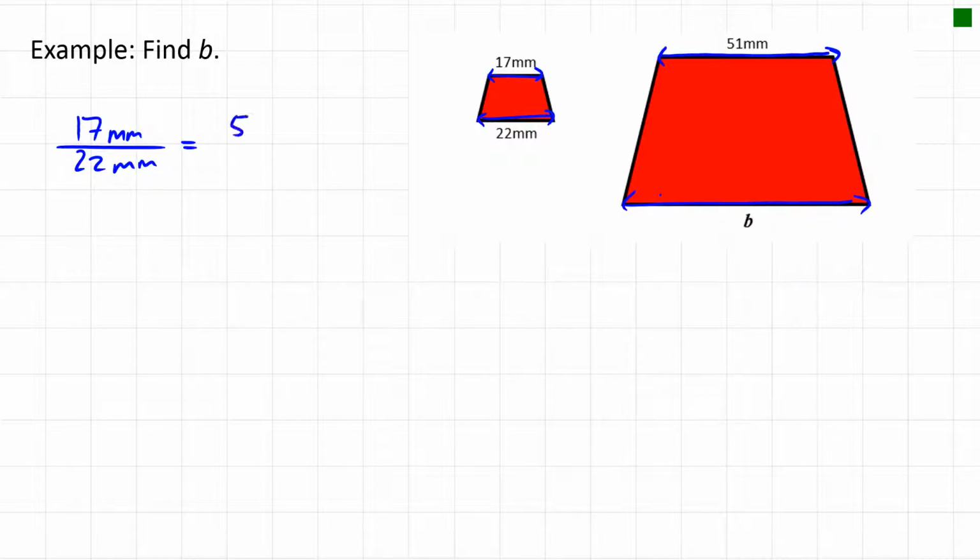So that would be 51 millimeters over B. And now again, we have a rational expression that we can solve by whichever method we're comfortable solving it with.